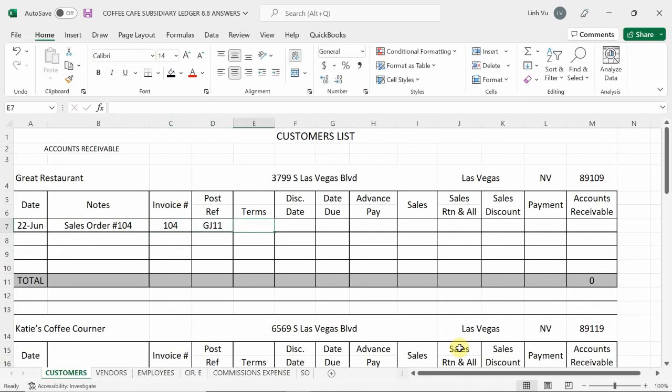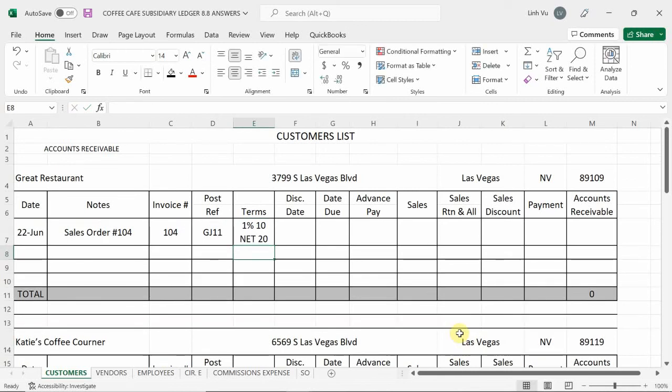What terms did you give? 1%, 10 days, net 20. So how many days does Great Restaurant have to pay to receive a 1% discount? They have to pay within 10 days. What date?